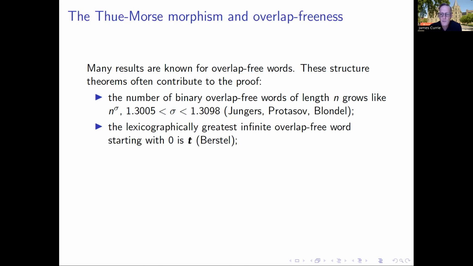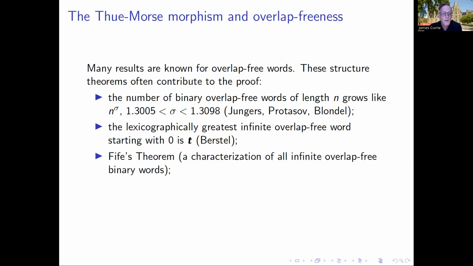And here I should mention that Rampersad, Shallit and myself have a paper. If you want the lexicographically least overlap-free words starting with any specified prefix, we can tell you how to do that. And again, this uses the structure theorem relating overlap-free words and the Thue-Morse morphism.